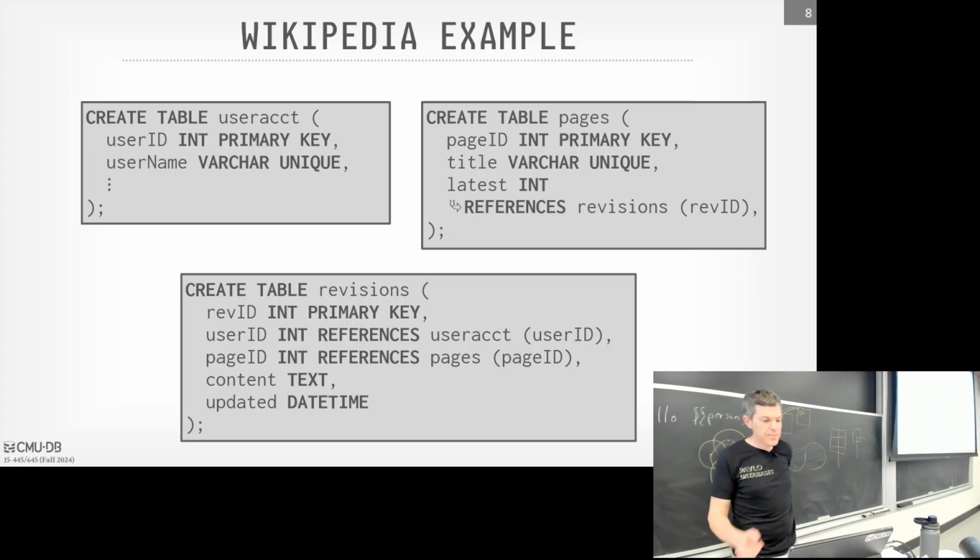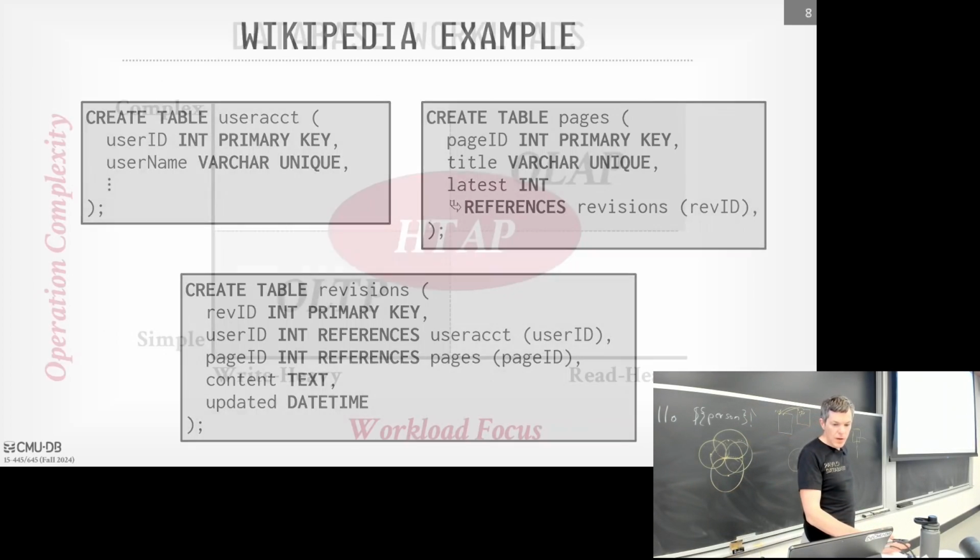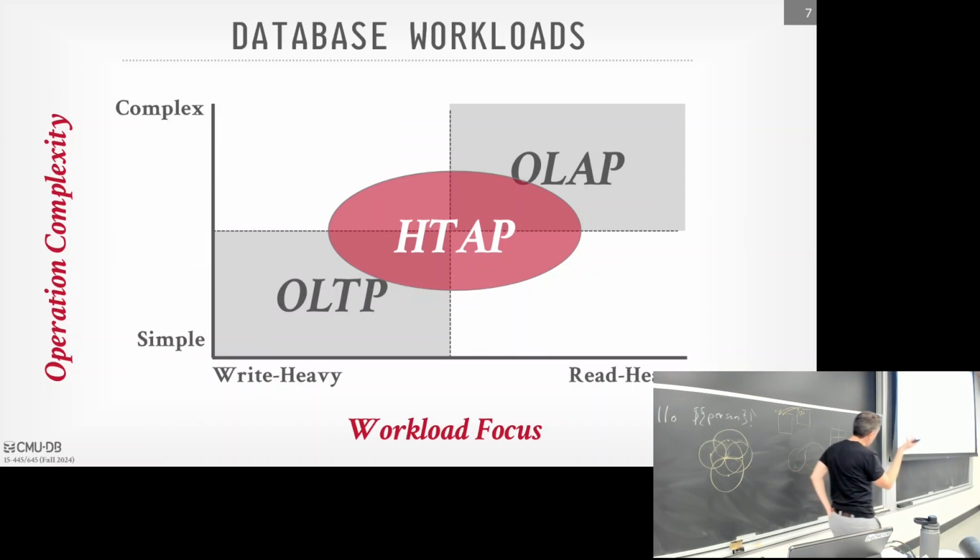Okay. Yep. Yes, in the back. In the previous slide, what about the other two quadrants? The question is, what are these other quadrants? Like, what would be a write-heavy complex workload? This is not exact science. The lines are blurry.